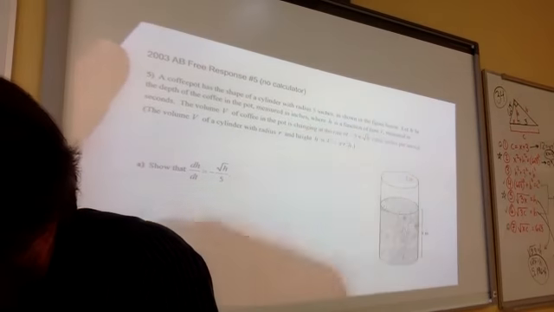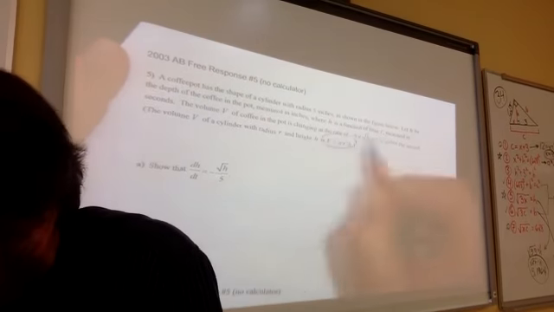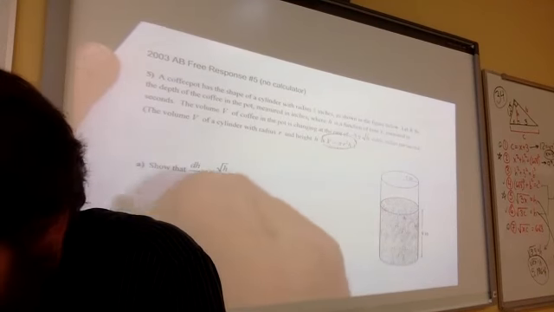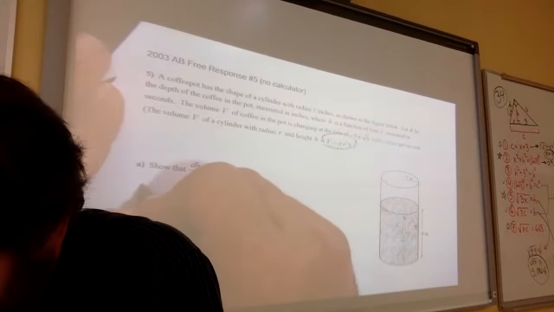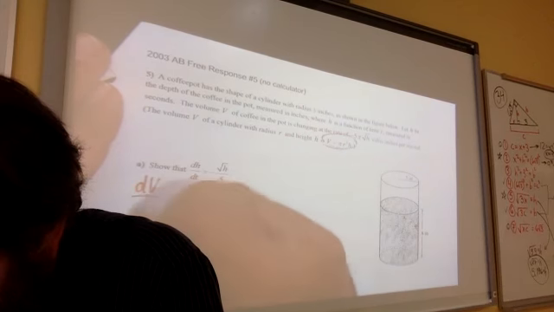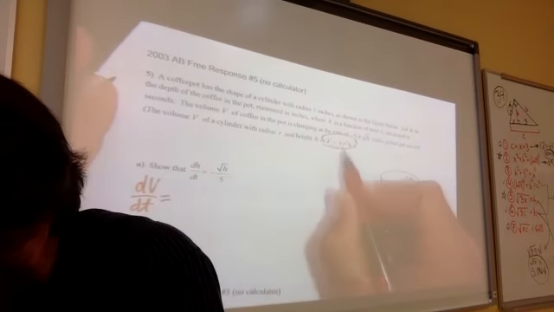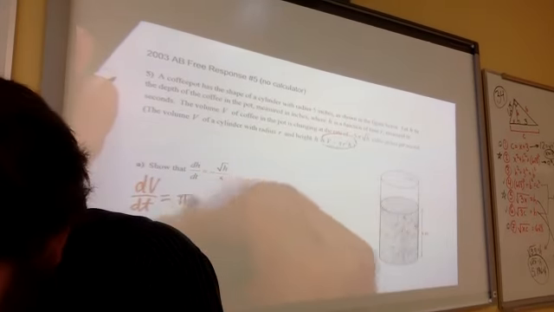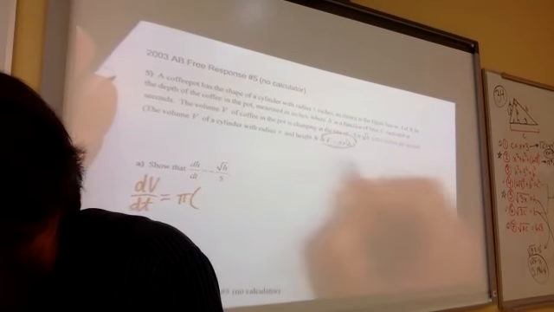Yeah, it will. So I'm going to start here because I don't know where else to start and I didn't read it. Oh my gosh, I can't remember this one. dV/dt equals pi times, oh, that's product rule, isn't it?